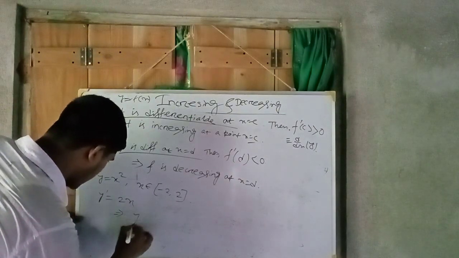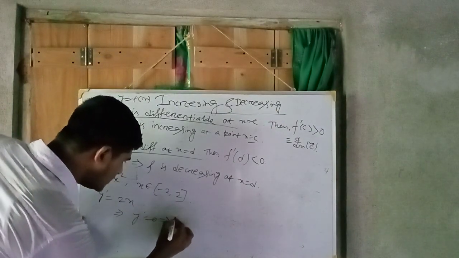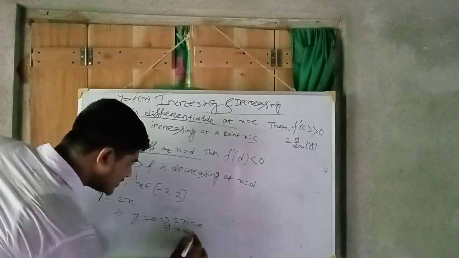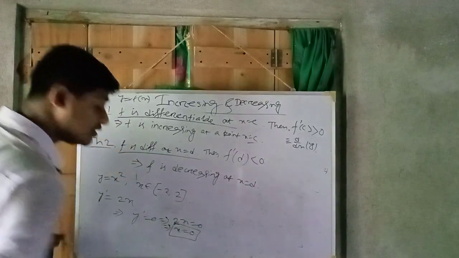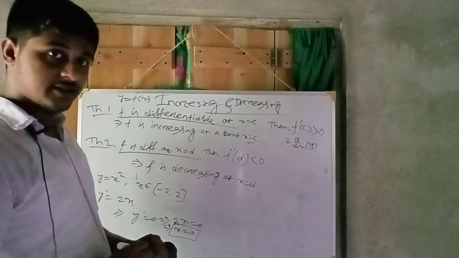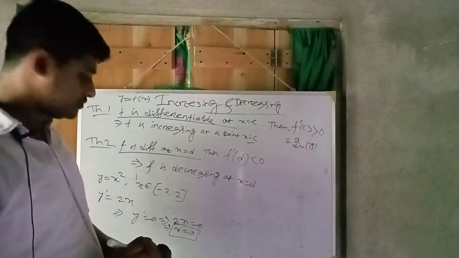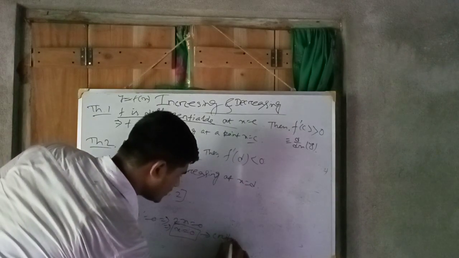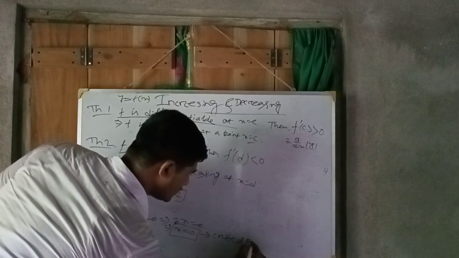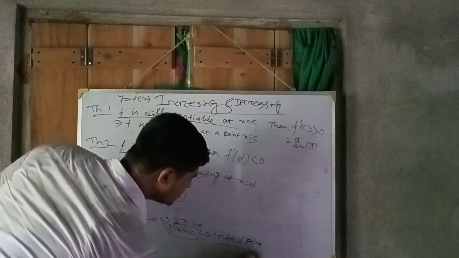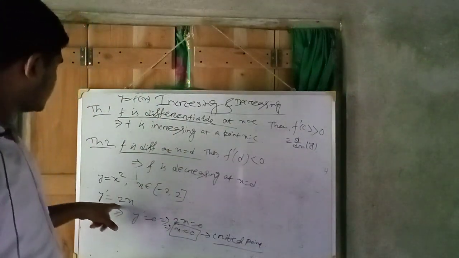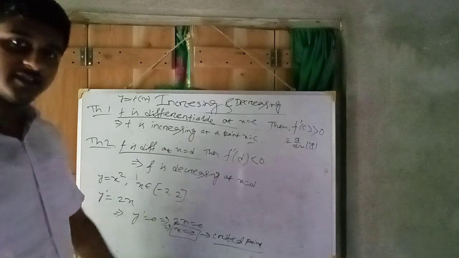Let's see, y dash equals 0 implies 2x equals 0 implies x equals 0. So x equals 0 is a point. The term is critical point, where the first derivative of the given function vanishes.